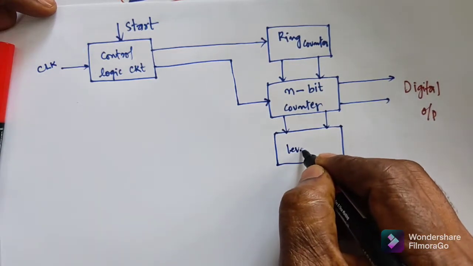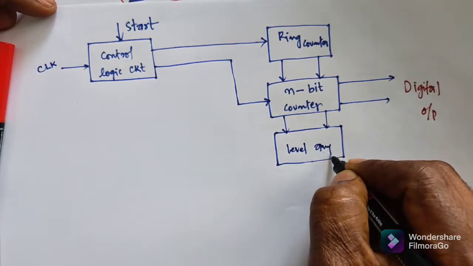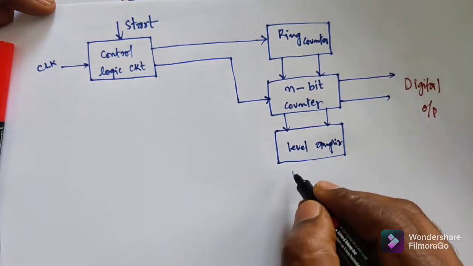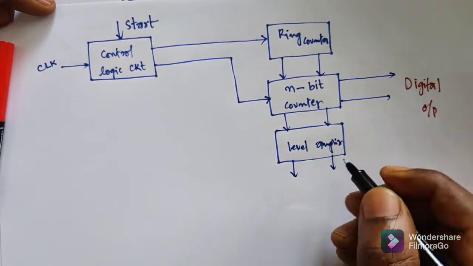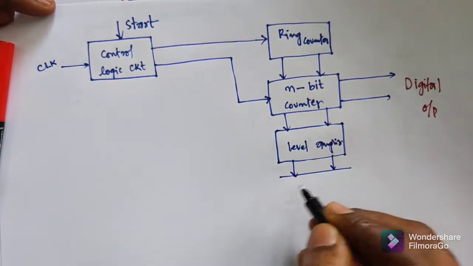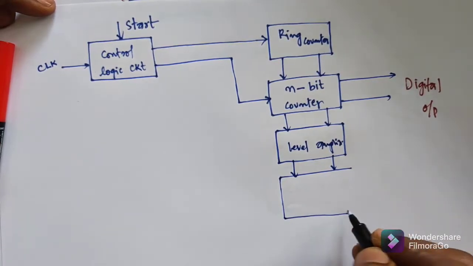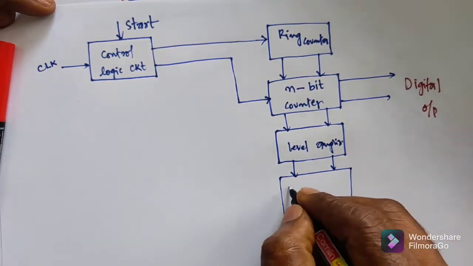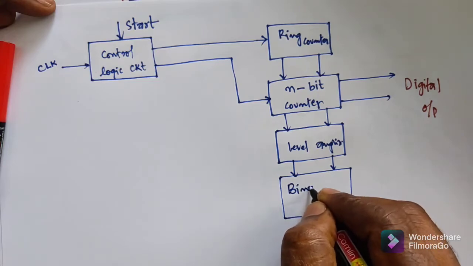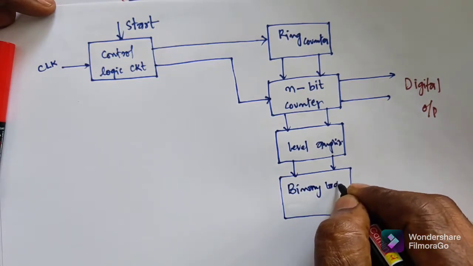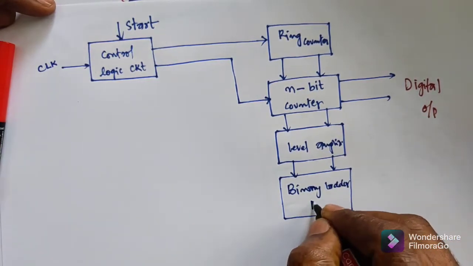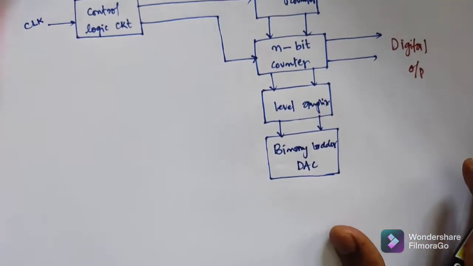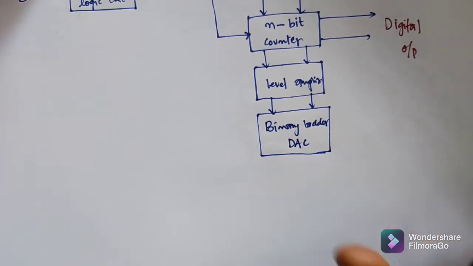Then this is the level amplifier, and the level amplifier output is connected to the digital to analog converter. Simply you can take a binary ladder digital to analog converter.